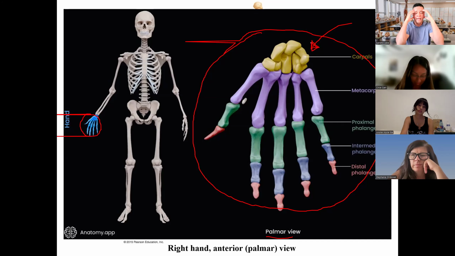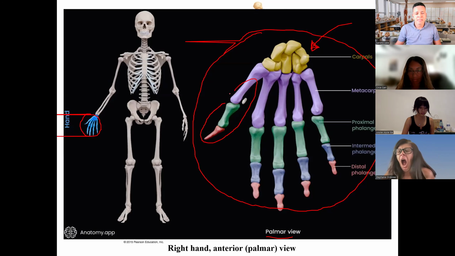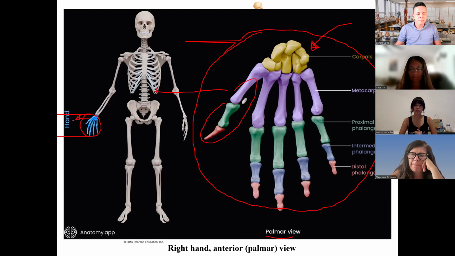To understand that, you have to visualize a little skeletal system standing in the standard anatomical position with the palms of the hands facing forward. Okay, and what we can see here is that the thumb right here is facing laterally. It has a lateral aspect. Okay.